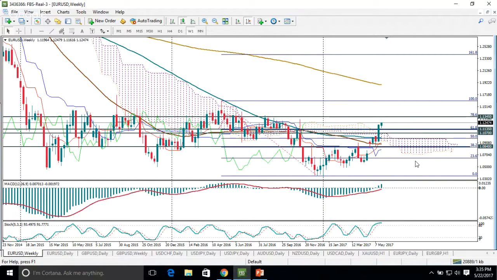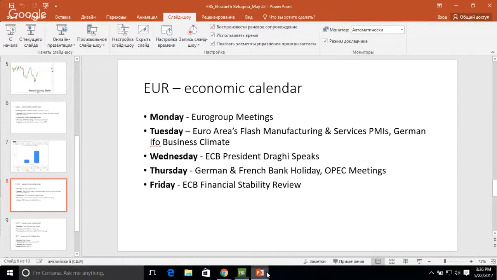So this better picture for the European economy allows us to expect some positive comments from the European Central Bank. Actually, we'll hear from the ECB this week. ECB President Mario Draghi will speak on Wednesday. In addition, there will be some data releases on Tuesday.